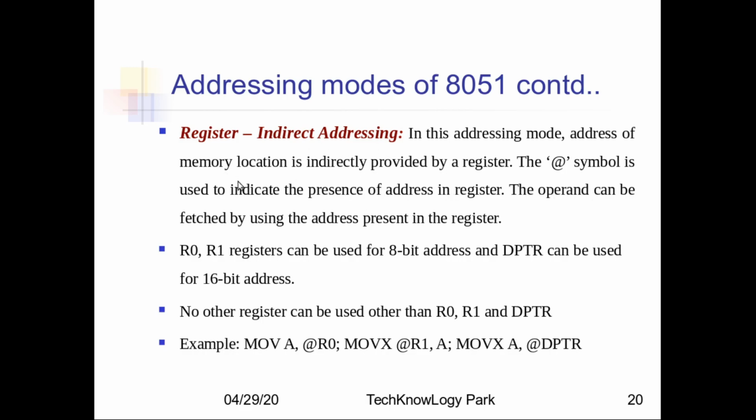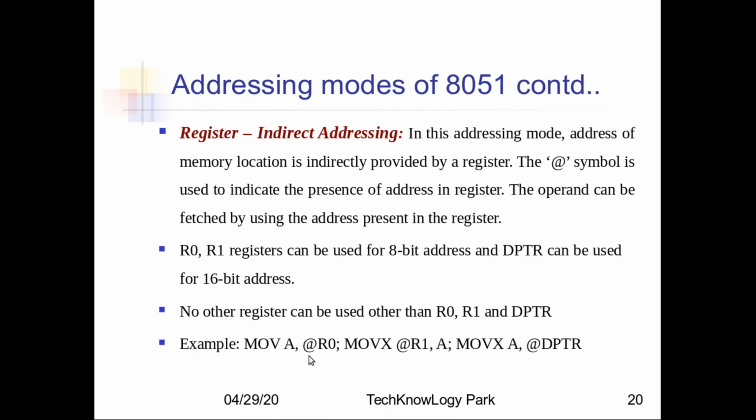The operand can be fetched by using the address present in the register. For example, MOV A, @R0, or MOVX @R1, A, or MOVX A, @DPTR. Look at this: R0 and R1 are registers, whereas the @ symbol indicates register indirect addressing, in short, indirect addressing.